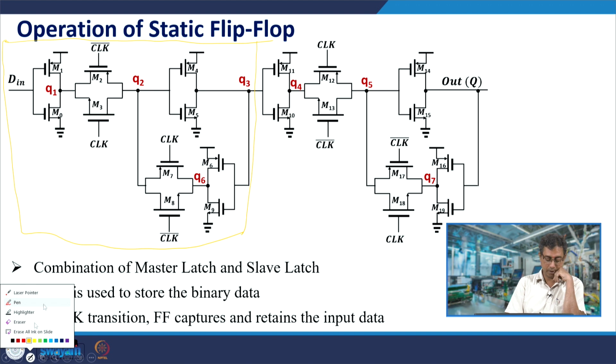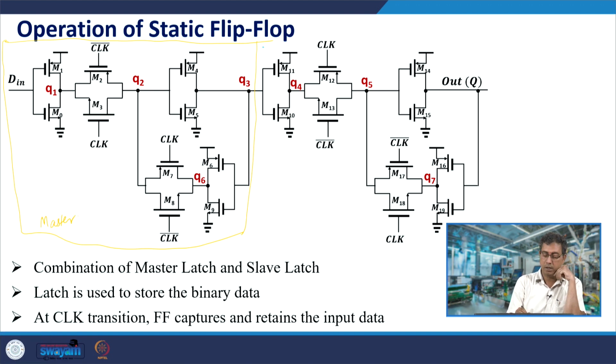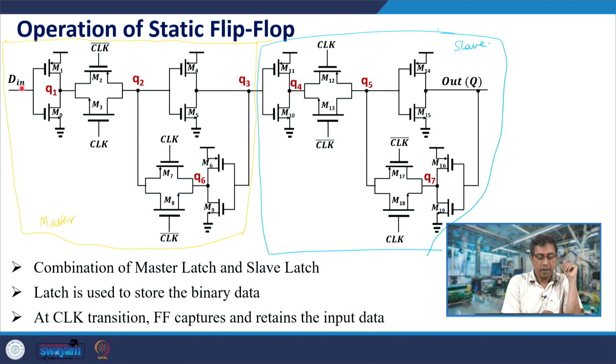This is the master stage and this is the slave stage. Suppose the clock is 1 initially. Let us call the clock edges T0, T1, T2, T3. Between T0 and T1, this transmission gate is on.